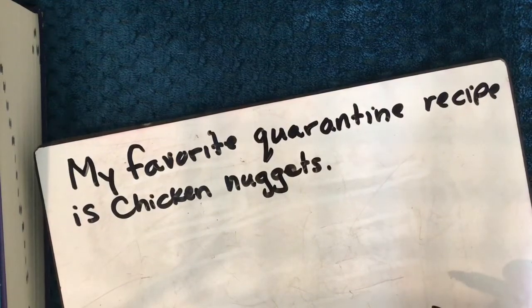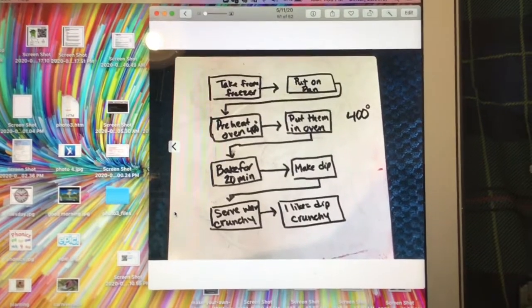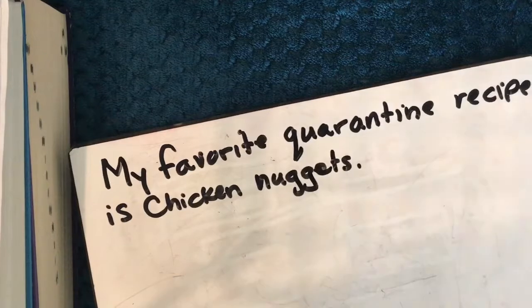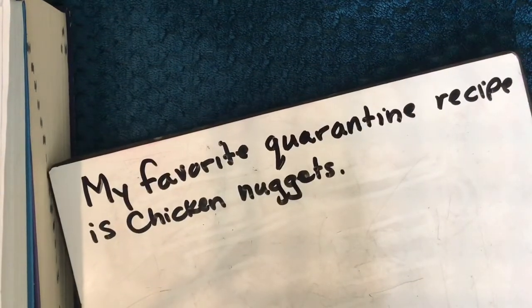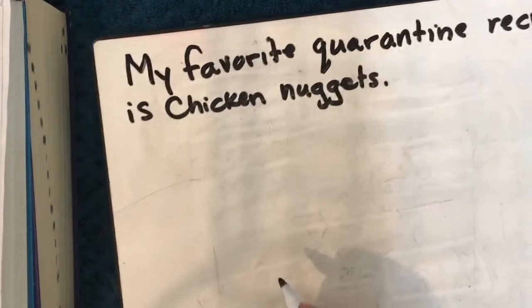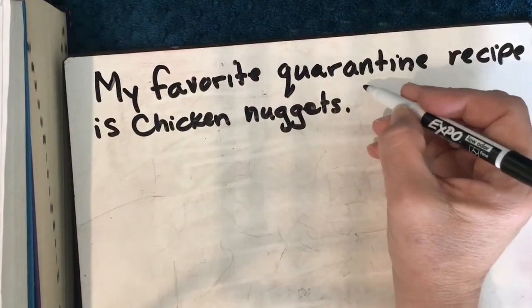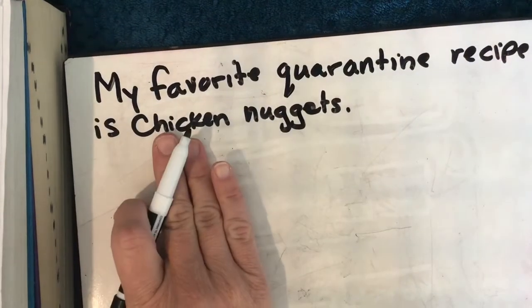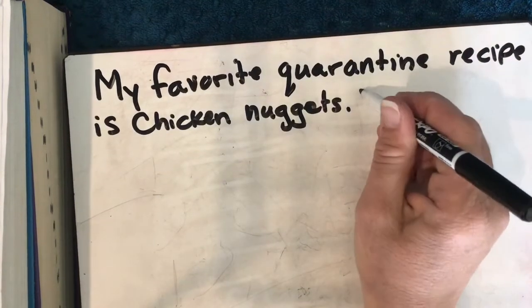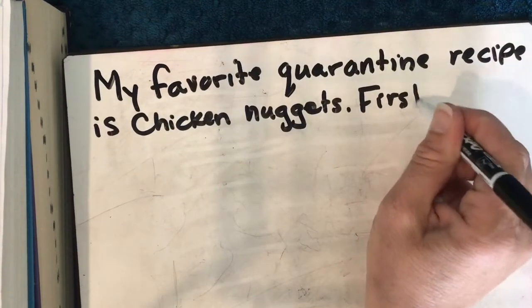So when I'm writing, my flow chart says the first thing is to take from the freezer, put on a pan, and preheat the oven. I can choose to make each one of my steps into a whole sentence, or it would be okay to include a couple of things in each sentence. Here's my introduction, that's first, but then I'm going to begin to explain how. So I'm going to say first. Remember that transition word?